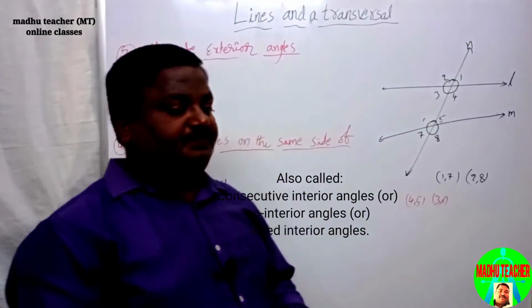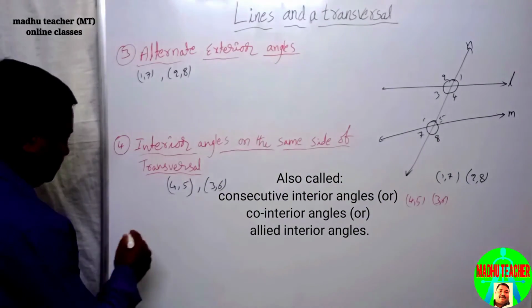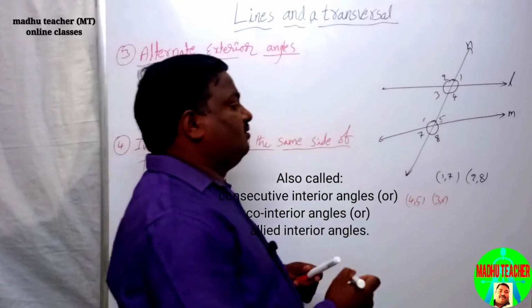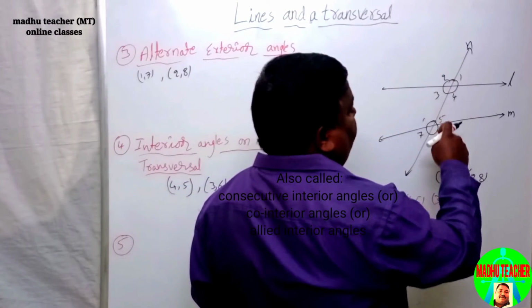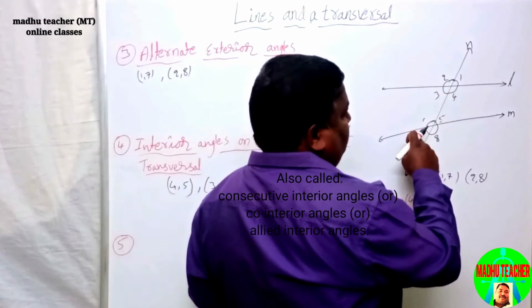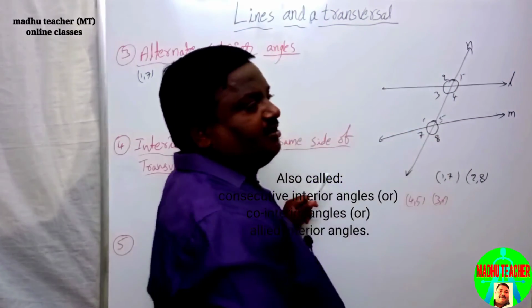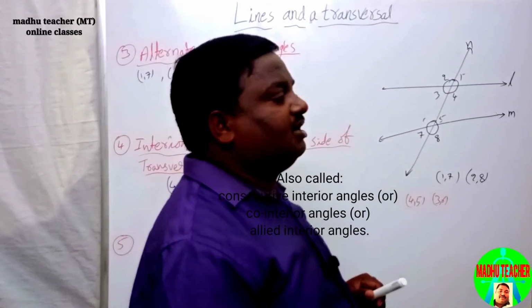Next, same here. Let us observe 1, 8 and 2, 7. Angles 1, 8 and 2, 7 are on the same side of the transversal and both are exterior.